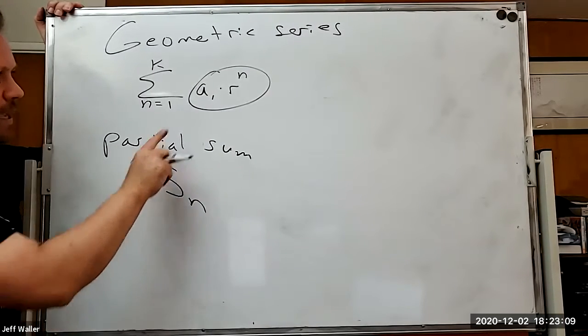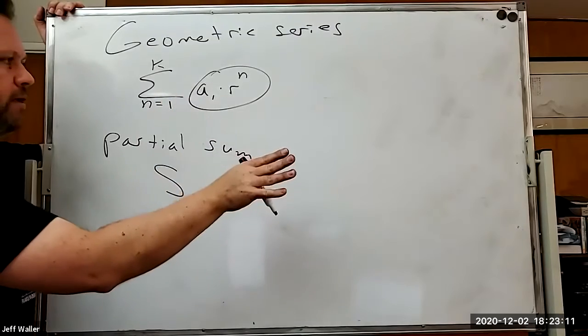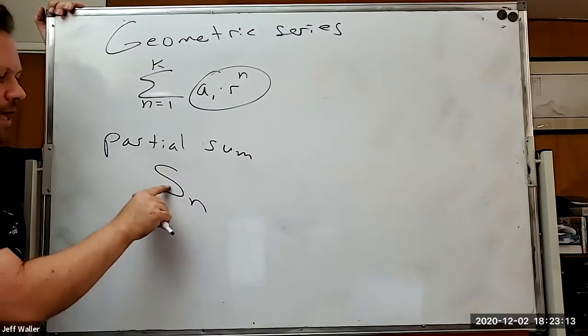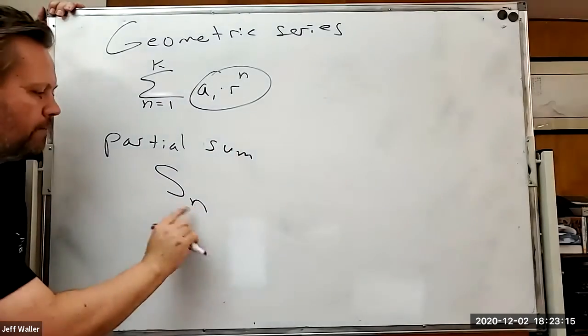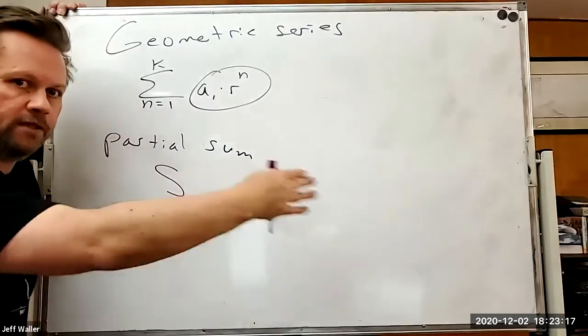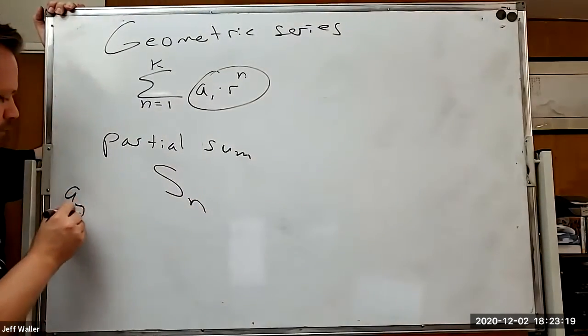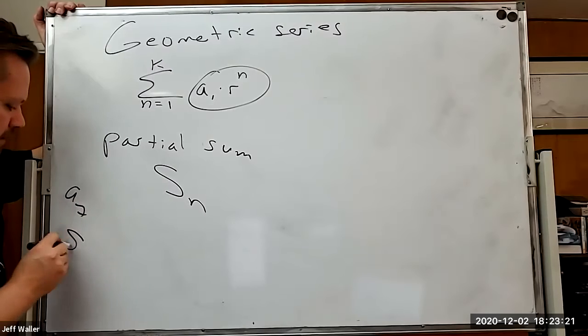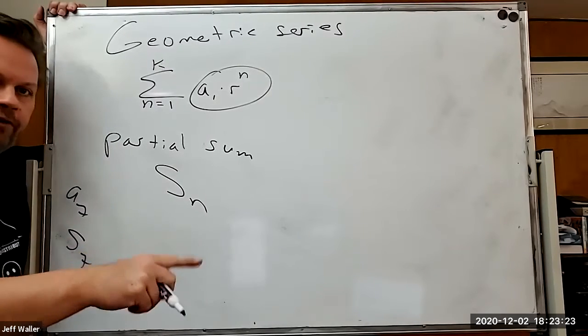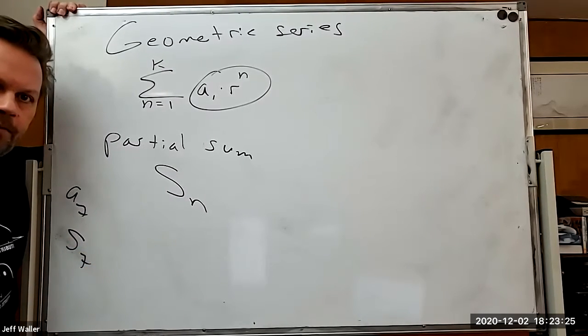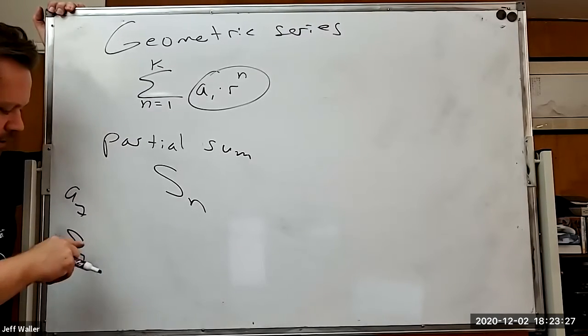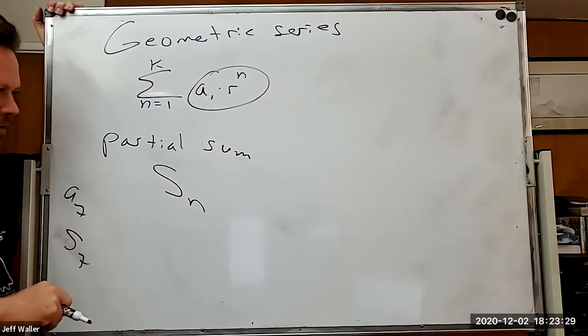A sub n is elements of a sequence. S sub n is the sum of those elements up to that element, right? So A7 would be the 7th element. S7 would be the sum of the first 7 elements. So this is cumulative up to that.